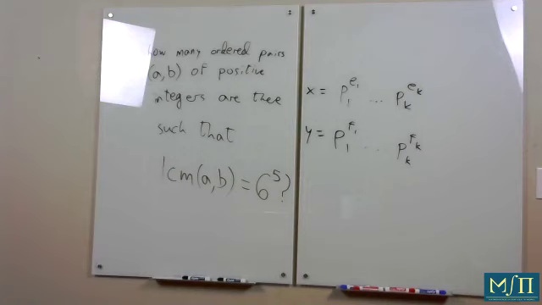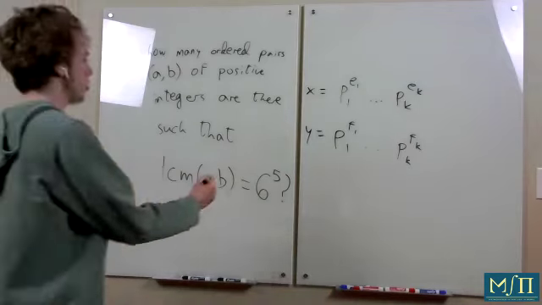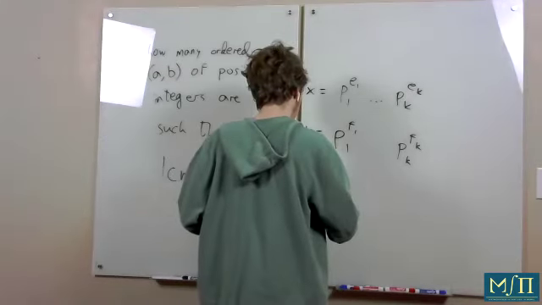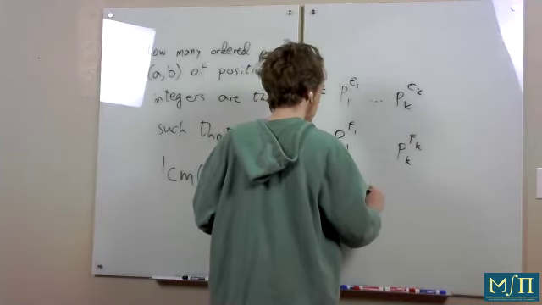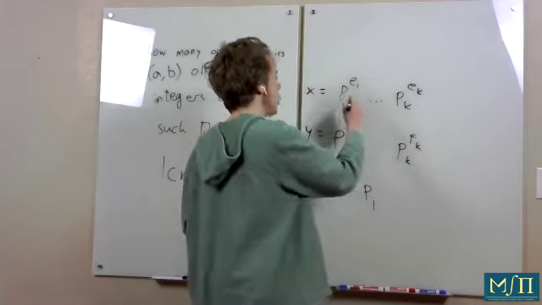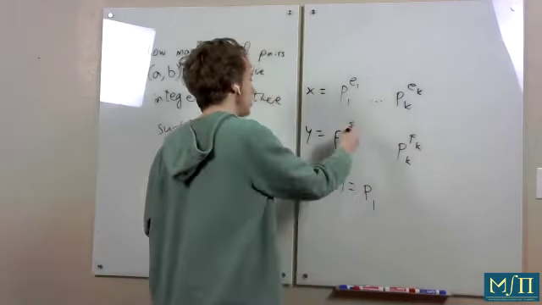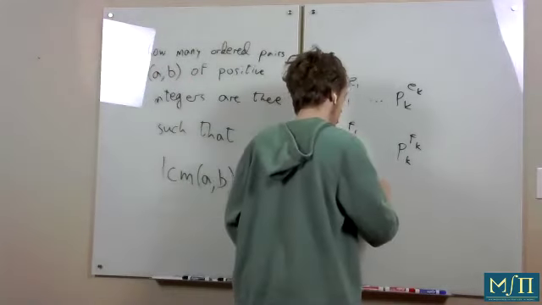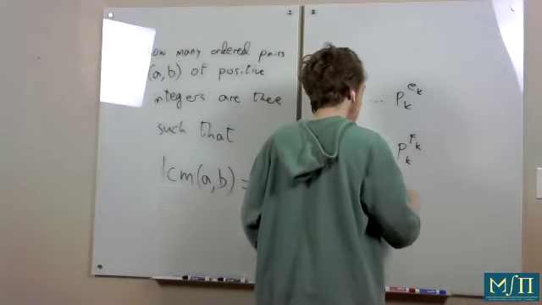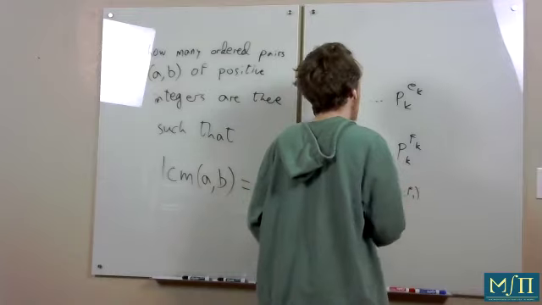And then basically, what is their least common multiple? Well, it has to be divisible by P1 to the E1 and P1 to the F1. So it's divisible by P1 to whichever of those two is larger, but it doesn't have to be divisible by P1 to any higher power.